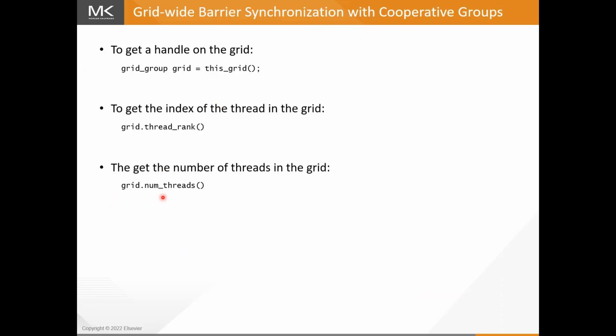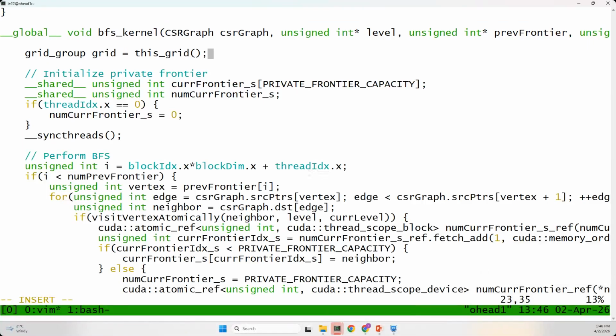I can get the number of threads in the grid, which before we used to do with gridDim.x times blockDim.x. And most importantly, I can call grid.sync, and grid.sync will do a grid-wide barrier synchronization across the entire grid. Is that clear? Okay, so now we have all the ingredients that we need.